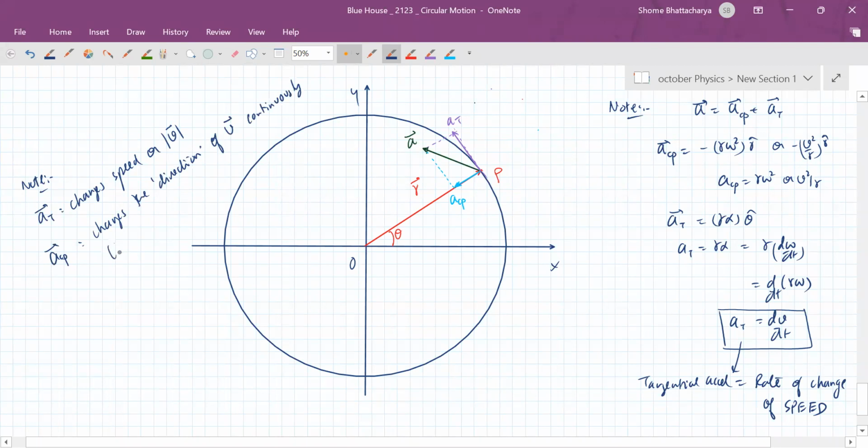So it keeps the velocity vector turning continuously. Whereas tangential acceleration will be responsible for any change in speed. So therefore, in uniform circular motion, tangential acceleration is zero because there is no change in speed.